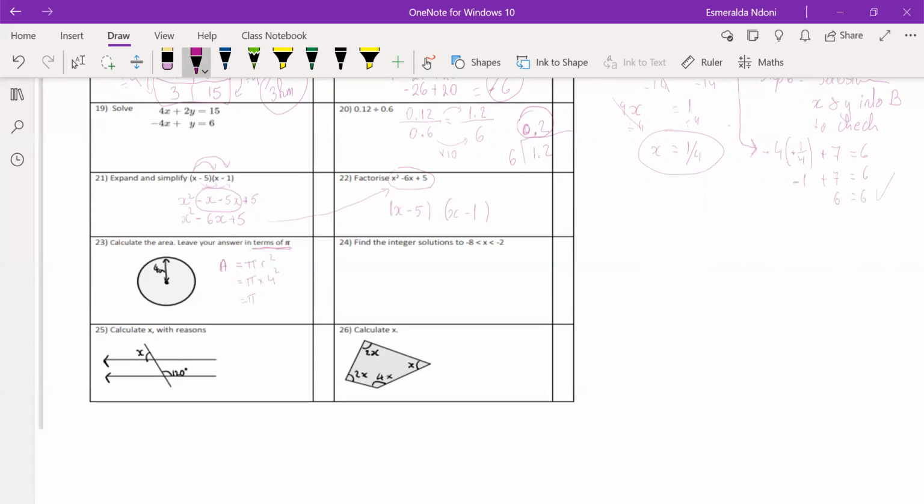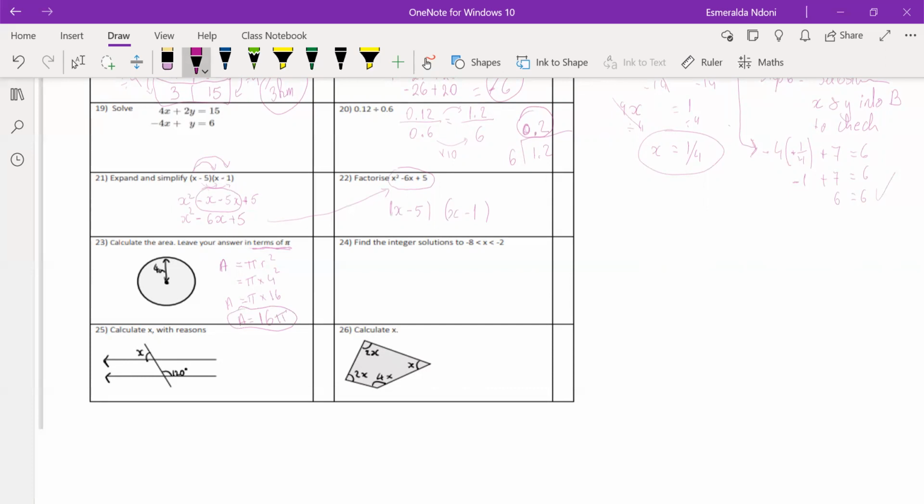They'll give us pi times 16. And it's telling us leave in terms of pi. Okay, fair enough. Answer is area equals 16 pi, because in maths, letters go after the numbers. Even if you said pi times 16 is still correct, but it's a lot neater if you said 16 pi.